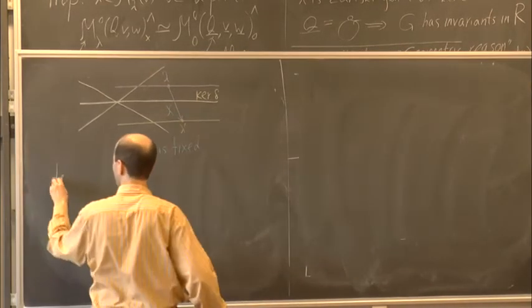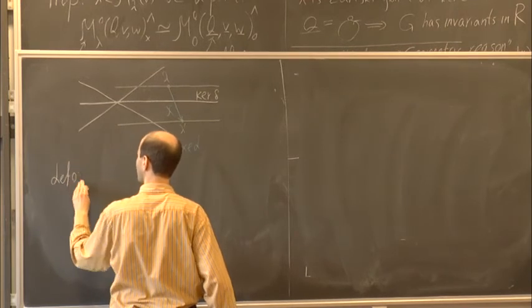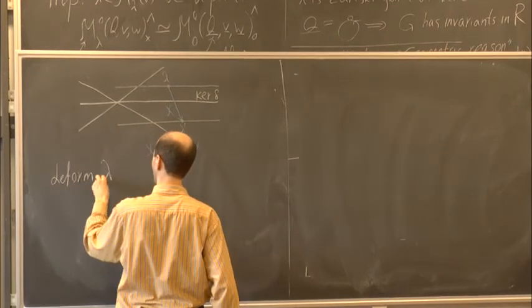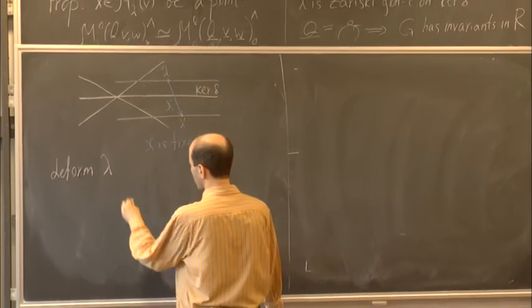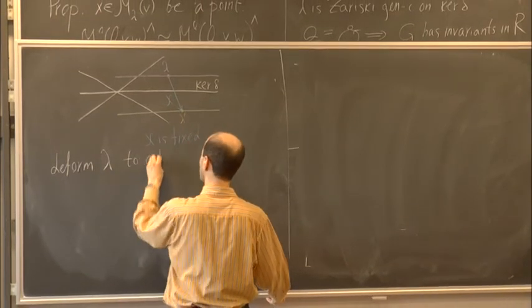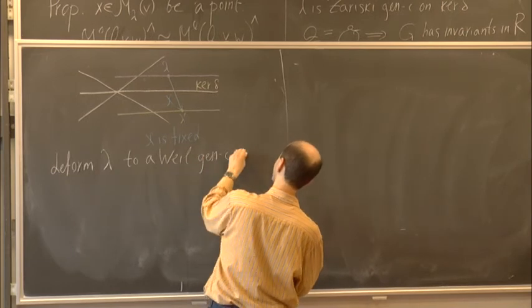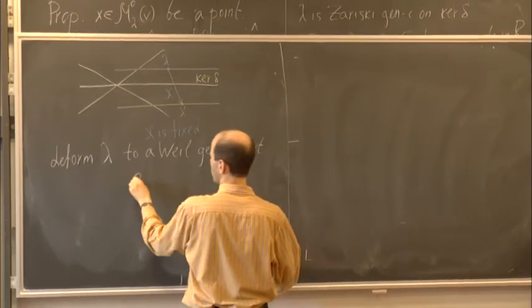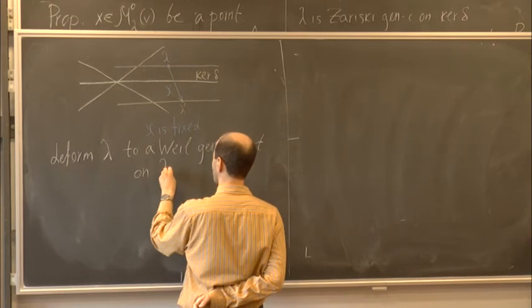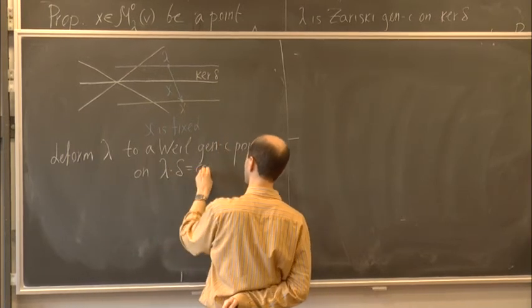But I could try to deform. So I deform lambda to a wildly generic point on this hyperplane where lambda dot delta equals a constant.